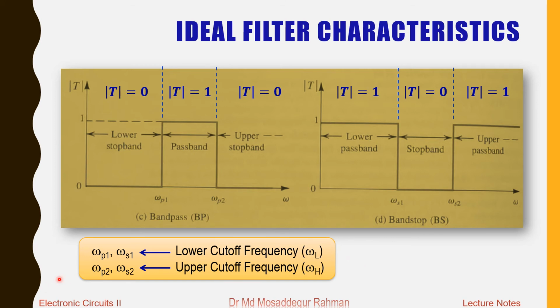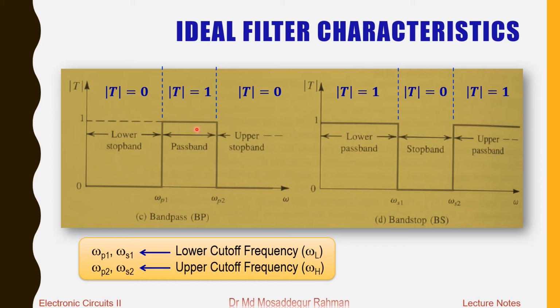So these are the characteristics of the ideal filters for the four filter circuits. As you can see, they have very sharp transition. In the pass band you have 100% transmission, and in the stop band there is zero transmission.